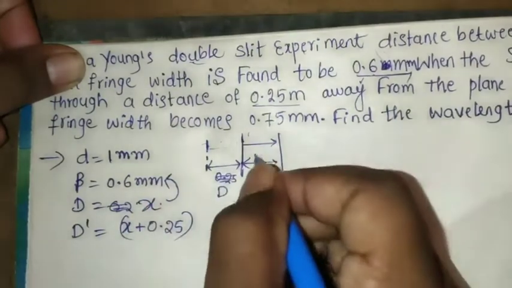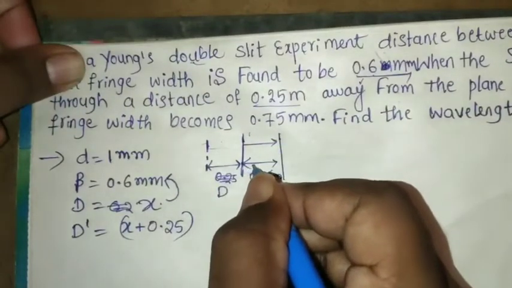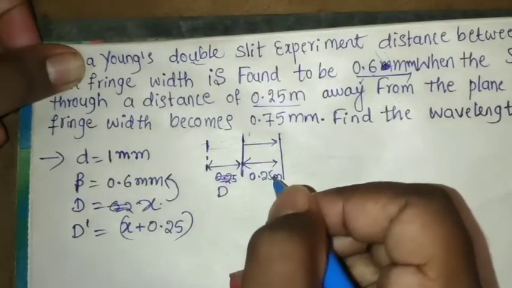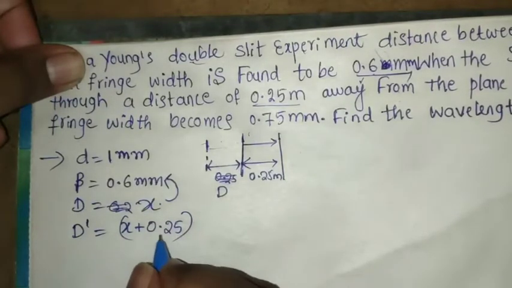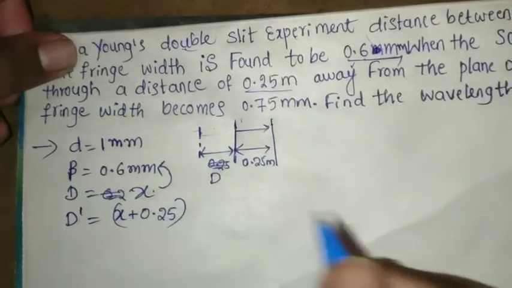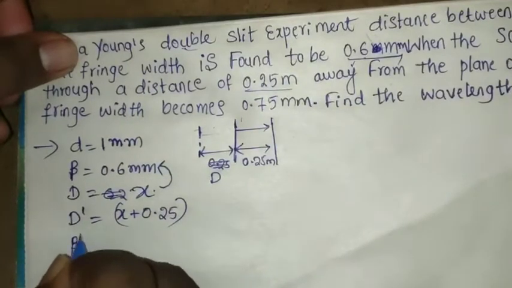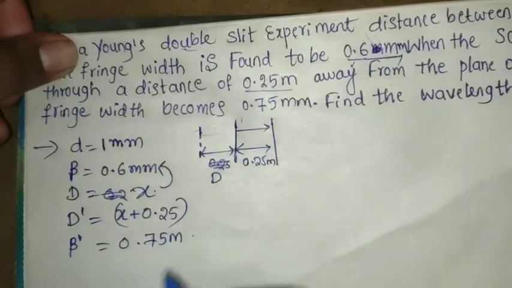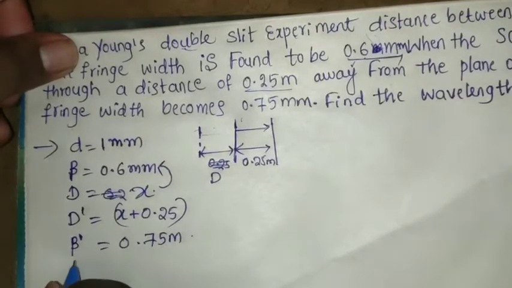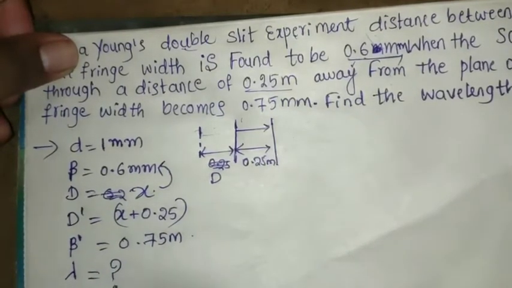When the screen is moved away from the plane of the slits by 0.25 meter, D dash equals x plus 0.25 meter. Here x is the initial distance, where the fringe width produced is 0.6 millimeter. At D dash equals x plus 0.25 meter, the fringe width produced is 0.75 millimeter, and they asked to find the wavelength, that is lambda.